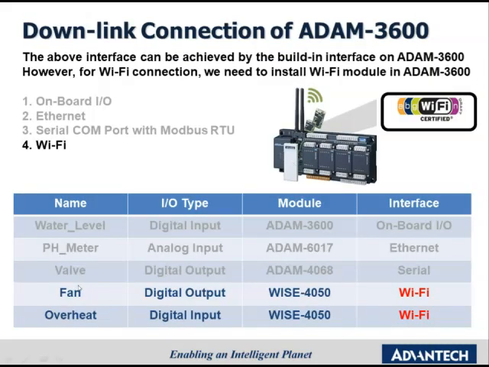Finally, we will introduce how to acquire Wi-Fi device I/O data on Advantech 3600. As you can see, the above interfaces can be achieved by the built-in interfaces on Advantech 3600. However, for Wi-Fi communication, we need to install a Wi-Fi module in Advantech 3600. So please make sure you have the right Wi-Fi module on hand for this exercise.